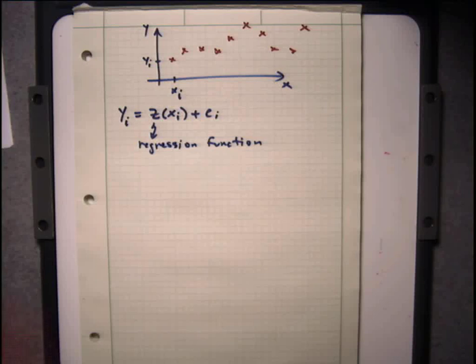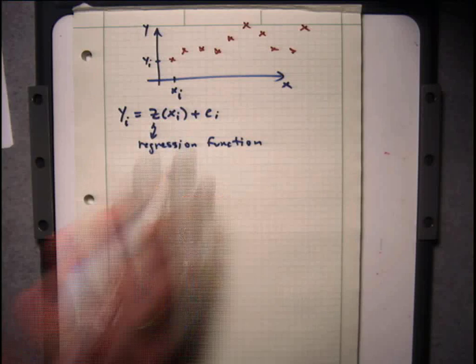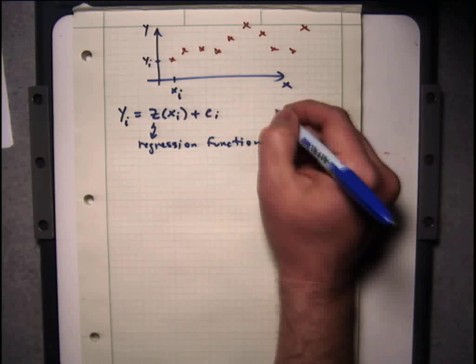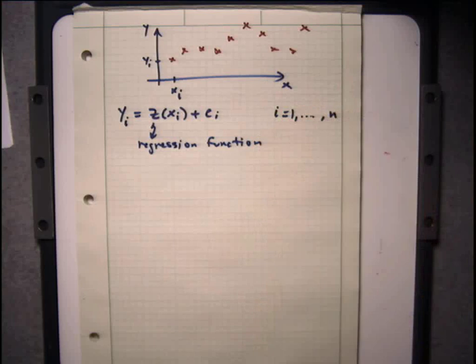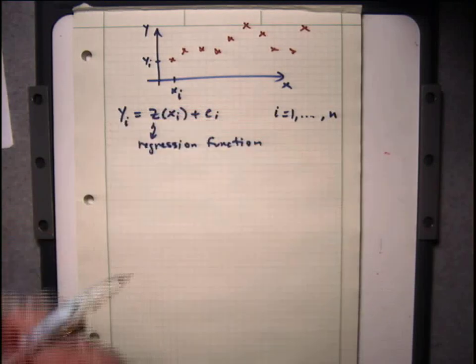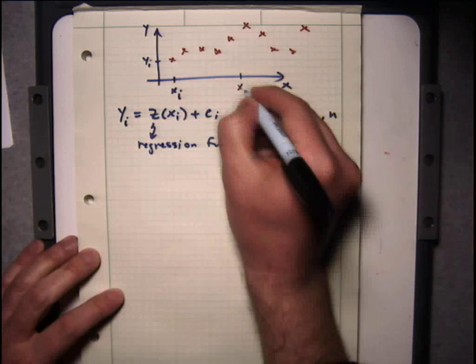Okay, so for this framework, what you're going to do is at any given point, you're going to estimate the value of the function, for i equal to 1 to n. Okay? So now, my job is I'm going to pick some x, and it can be anywhere. Let's say I pick x to be over here. Let me call this xj.